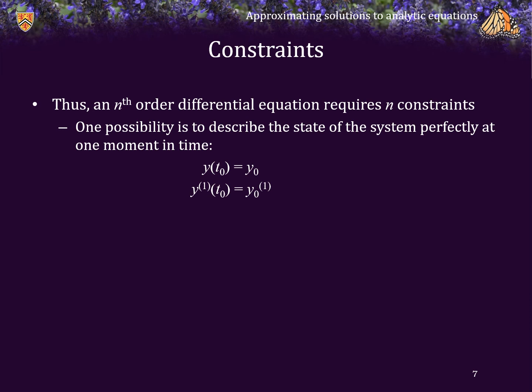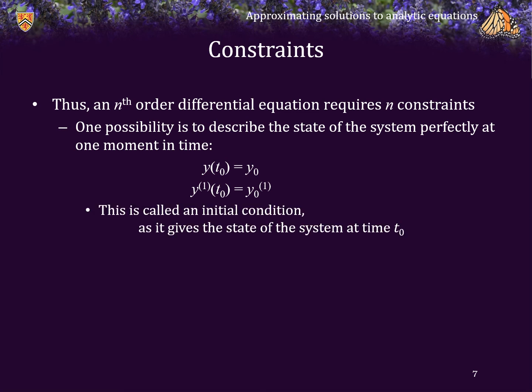We're going to represent initial values often by y0, and initial slopes by y0 with a superscript indicating that it is a derivative. This is called an initial condition because it gives us the state of the system at time t0, and we're going to try to determine what happens to the system for values of t greater than t0. What happens to the system as time advances?